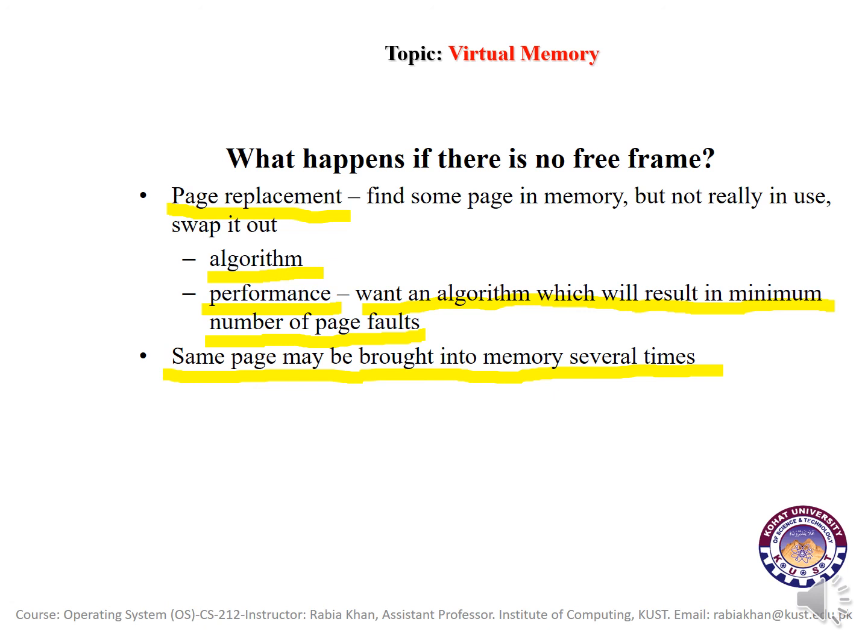But the page replacement algorithm in itself takes some time to swap out one of the pages and swap in another page. So this is how the complete page fault mechanism is handled, whether or not the free frame is available.